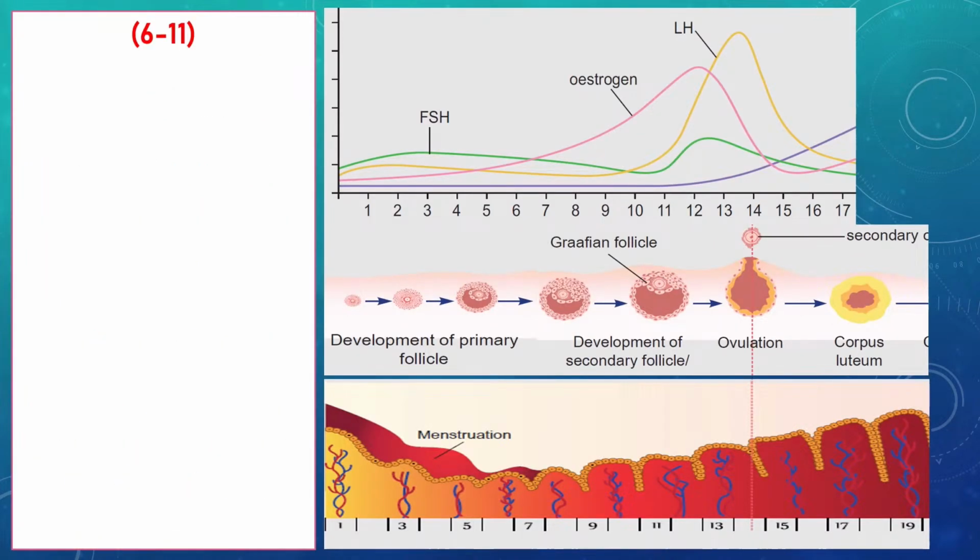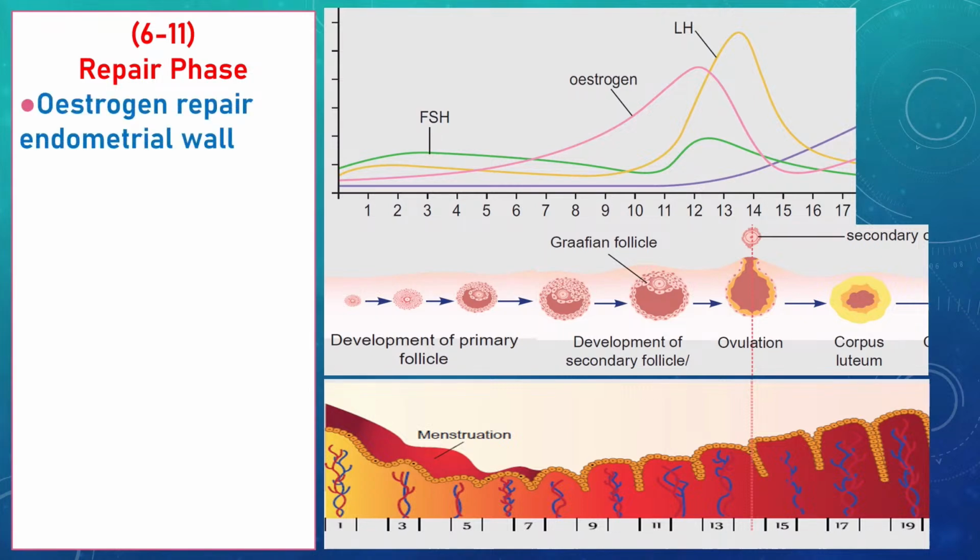Now we look into the second phase, which is the repair phase. We are looking at approximately the second week of menstruation. During the repair phase, estrogen released by the follicles will start to repair the endometrial wall.